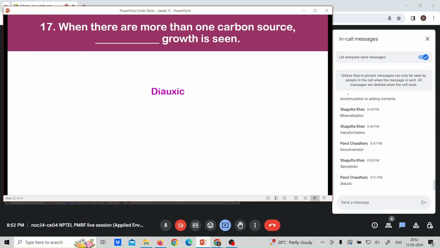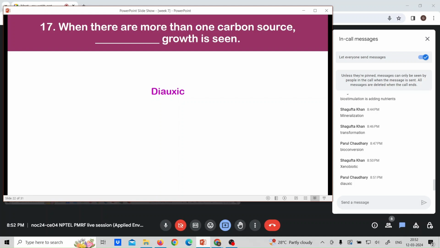So yes, the answer is diauxic growth only. Diauxic growth, in a sense, will have two lag phases. For example, let's say we give two carbon sources, one glucose and one lactose maybe. Lactose is not very easily metabolized; glucose is better metabolized by the microorganism than lactose.